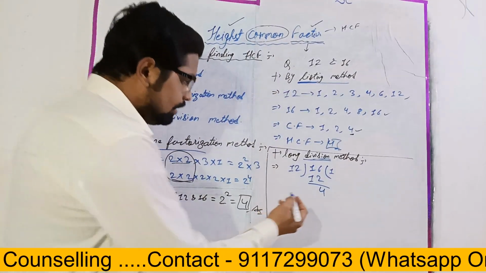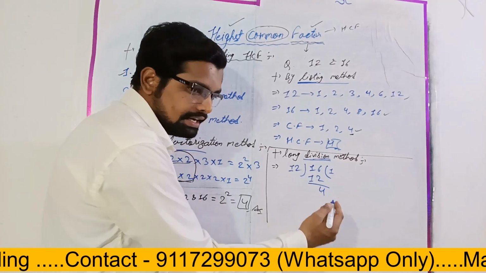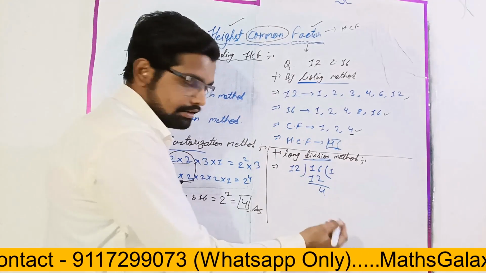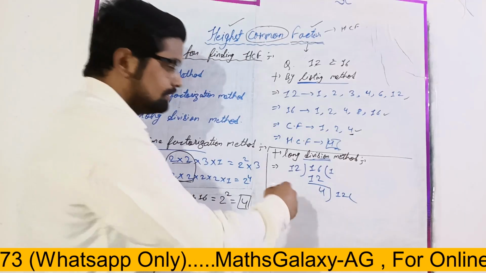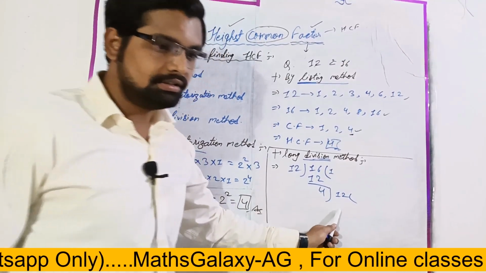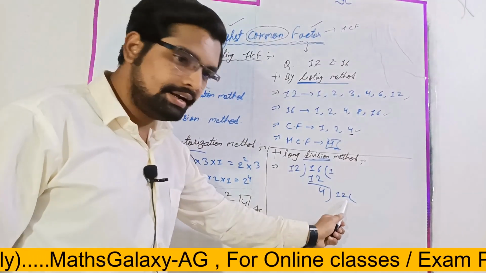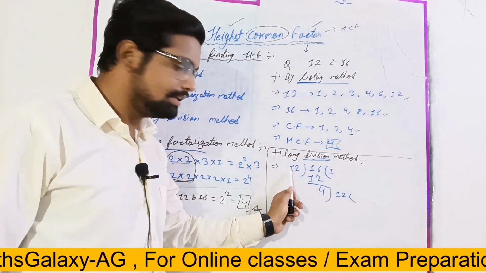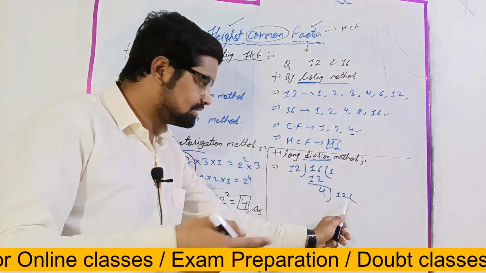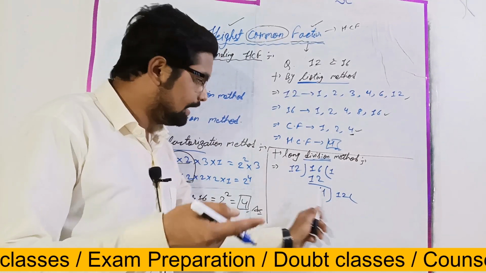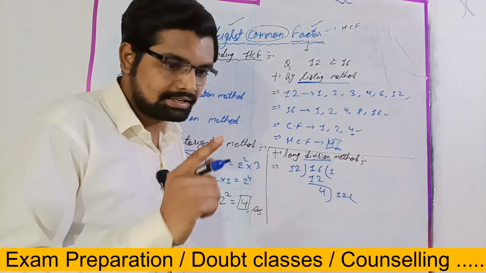4 is the remainder. Now this 4 will be the divisor, and this 12 will be the dividend. That means in the next step, the previous divisor becomes the dividend and the remainder becomes the divisor. Is it clear?